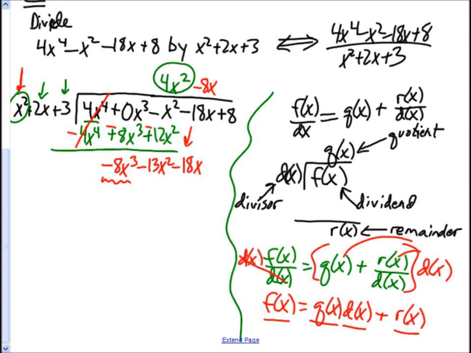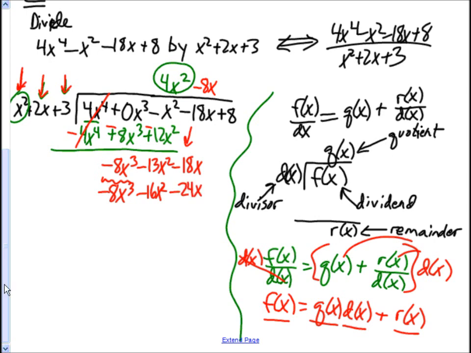Negative 8x times positive x squared gives me negative 8x cubed. Then I do it through each of those. Negative 8x times the 2x is a minus 16x squared, and negative 8x times that positive 3 is negative 24x.